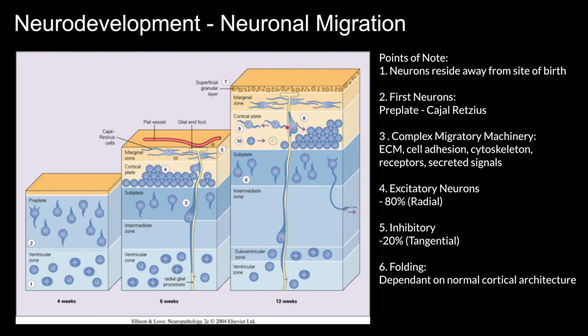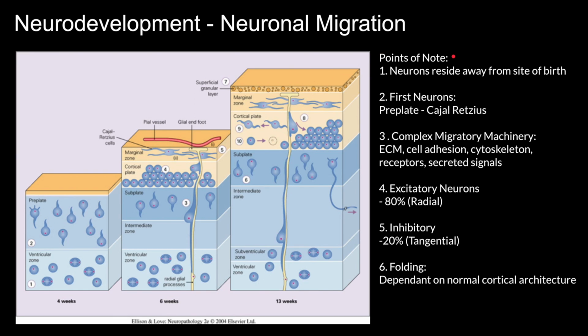And because of that phenomenon, new neurons really have to go to the edge of the cortical plate to be subjected to this reelin secretion to tell them to stop migrating. And that's really why you have this inside-out pattern. And we'll see what happens when that becomes defective.